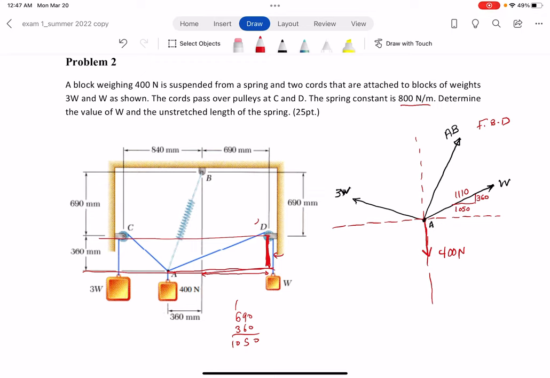Let's look at the other one. Let me just erase this. The cable AB with a spring: it goes from here all the way down here. The x-axis, for sure, is 360.